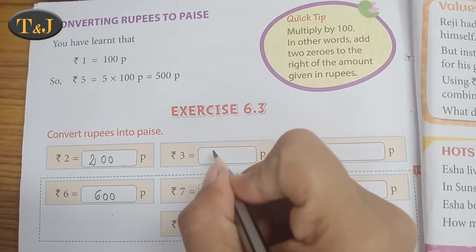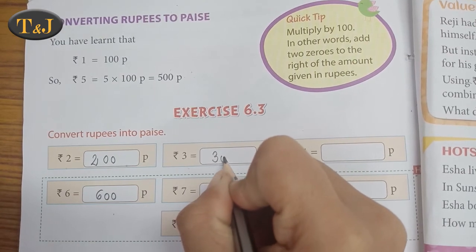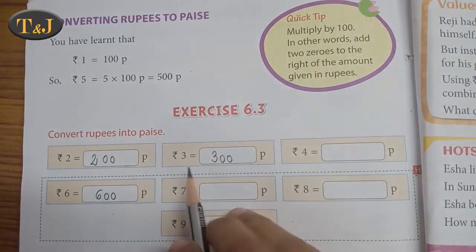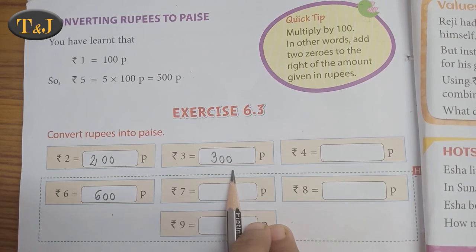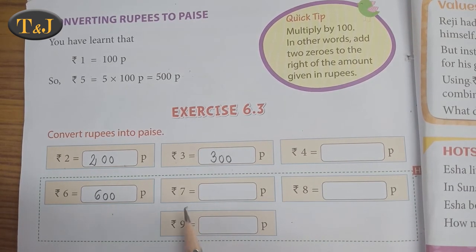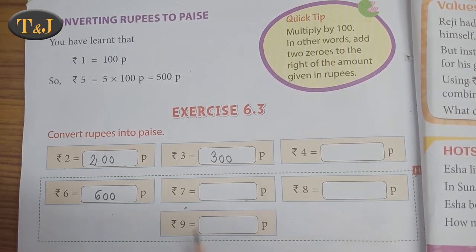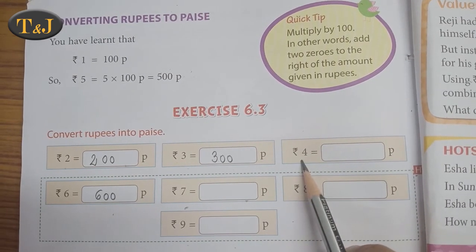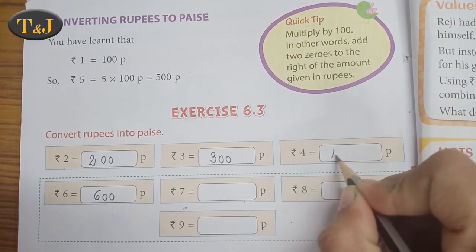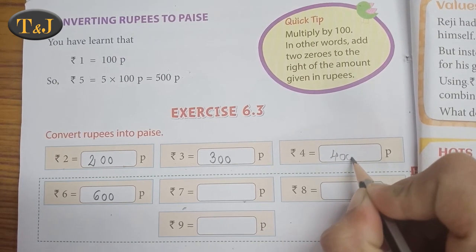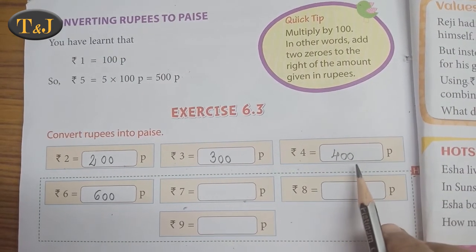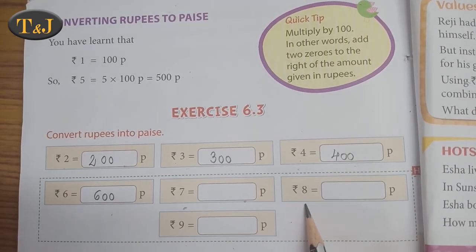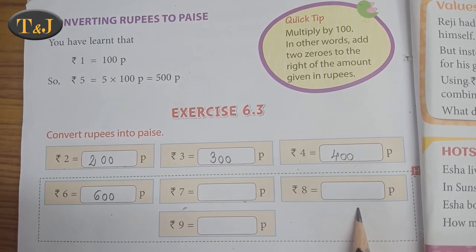Yes, first we write the number 3. After that we have to put 00. So 3 rupee equal 300 paise. 7 rupee equal 700 paise. 9 rupee equal 900 paise. 4 rupee equal, first we write the number 4. After that we have to put 00. So 4 rupee equal 400 paise. Then 8 rupee equal 800 paise.